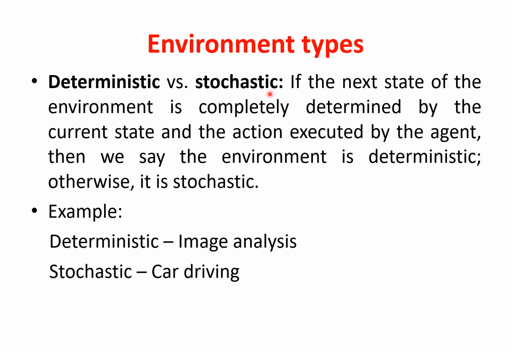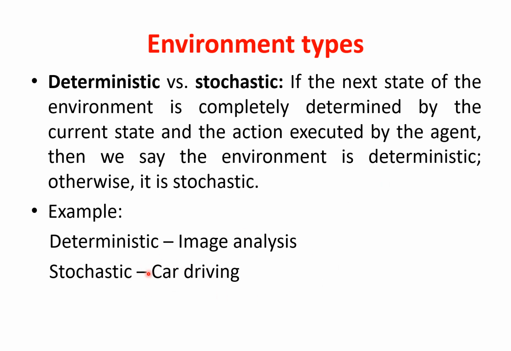Deterministic versus stochastic. In a deterministic environment, the next state of the environment is completely determined by the current state and the agent's action. For example, image analysis. The outcome is predictable based on the input image and processing steps. In stochastic environments, the next state of the environment is not entirely predictable and can involve randomness.